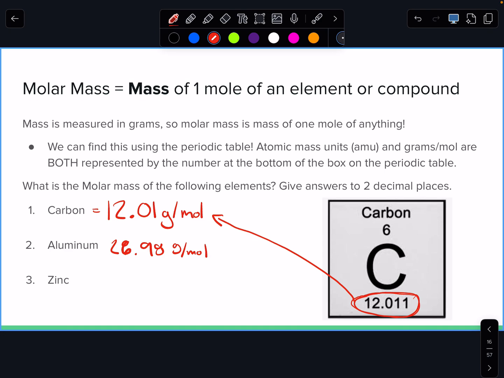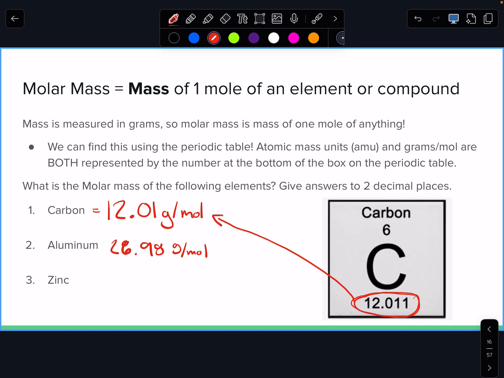For a smiley face, find zinc really quick and write it down. Give me a pencil drop when you found it. The hardest part of today's homework should just be finding things on the table.